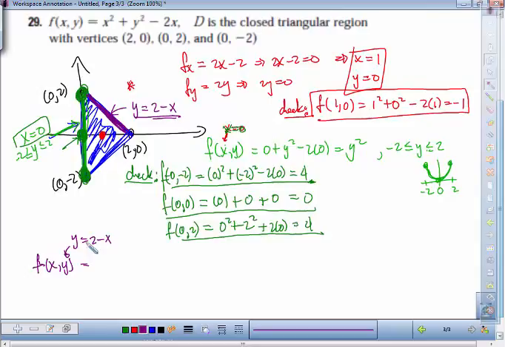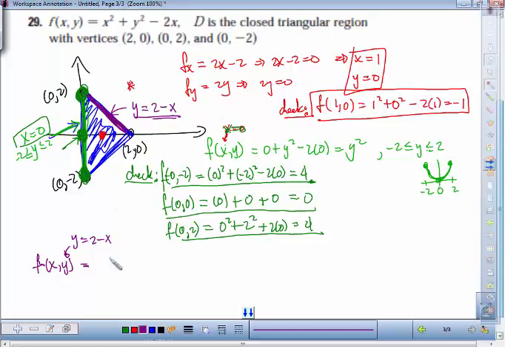You can describe this entire region by saying the absolute value of y is less than or equal to 2 minus x, and x is greater than or equal to 0 and less than or equal to 2. You could do that, but usually when they do triangular regions, they just give you the points. And for square regions, that's when they usually use the absolute values.